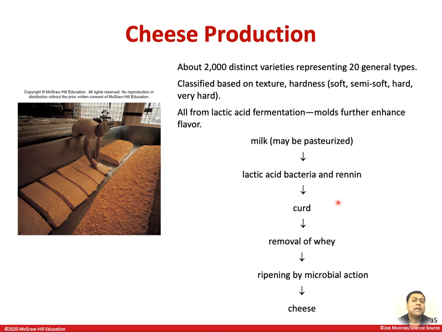Once the pH drops to about that, you take the curd, cut it into small pieces, and then heat it to about 38 degrees Celsius to separate the whey, and the liquid part, the whey, is removed. At that time, you get a product like this, and these slabs are constantly turned around. In this process, more and more of the liquid whey comes out.